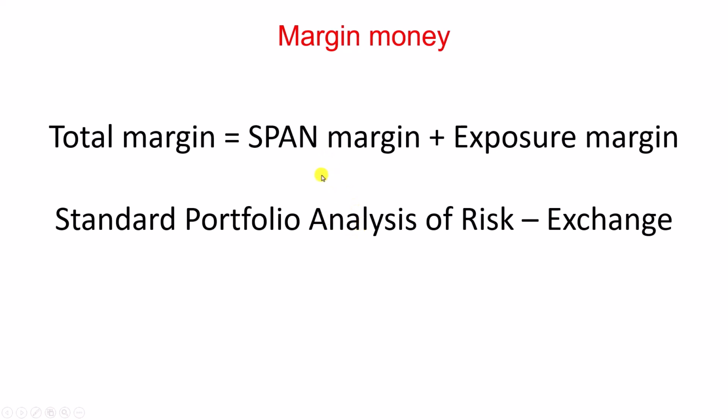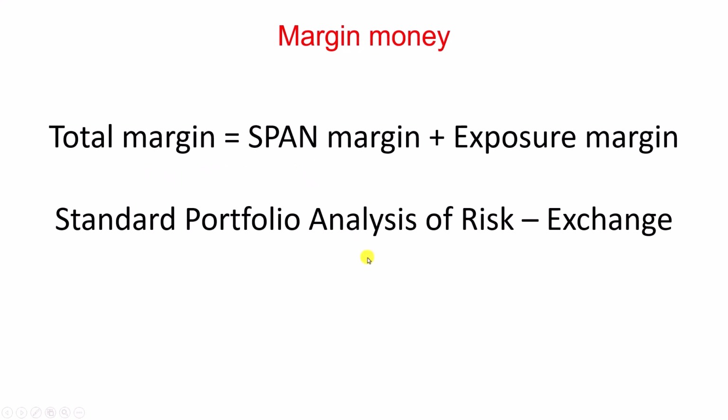Now this span margin is calculated daily, because daily the condition of the market changes, the risk involved on that particular day changes, the next day changes, the next day changes. So this margin is calculated daily, and so the total margin requirement changes daily.